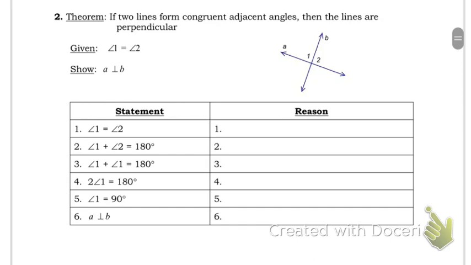We start with angle 1 equals angle 2 because that's given. All right, then we said angle 1 plus angle 2 equals 180. What theorem or postulate specifically says that two things equal 180 degrees? And we did talk about it today.